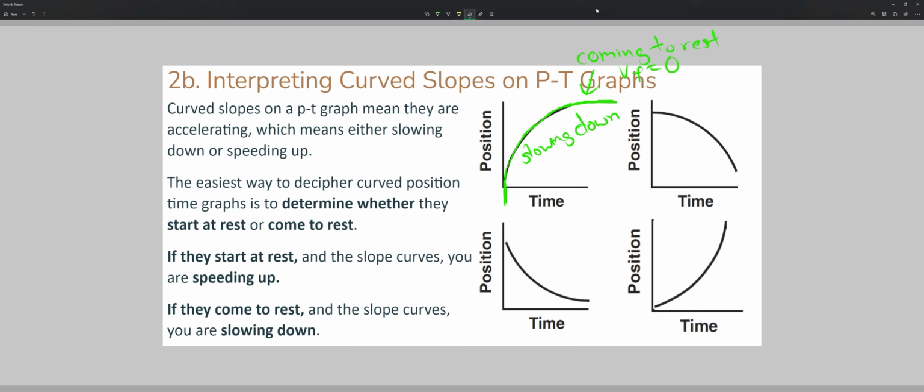And so let's take a look at the graph to the right. It looks like it's starting from rest, because you can see that horizontal line, and at the end you see the line going downward. So I'm starting from rest here at a time of 0.